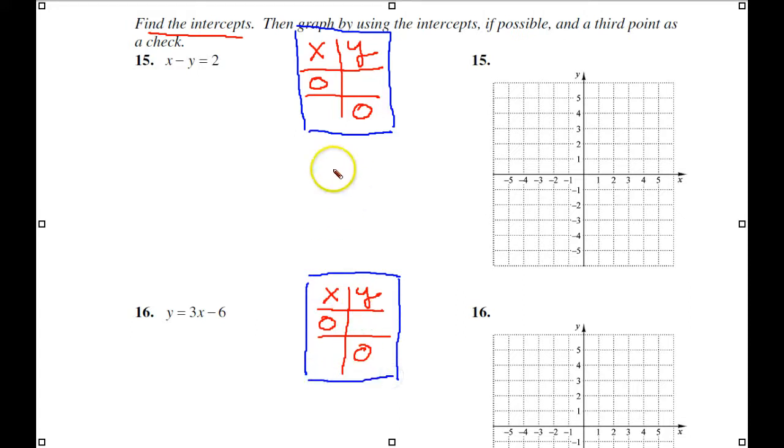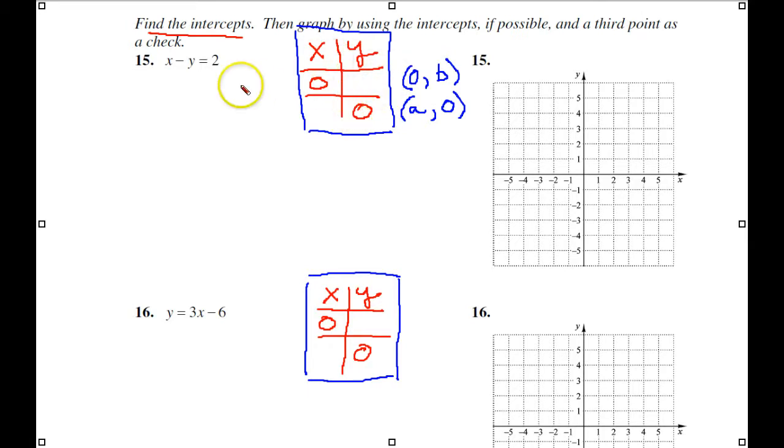Why is that? Well, because when x is 0, whatever we find for y will be our y-intercept. And whenever y is 0, whatever we find for x is our x-intercept.